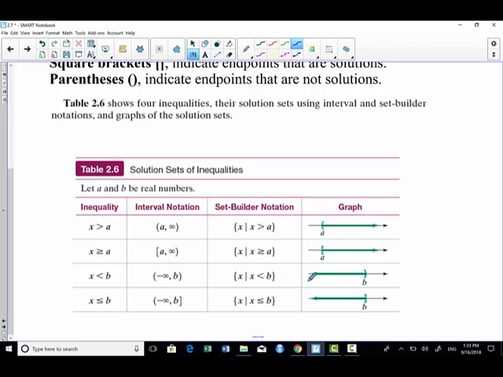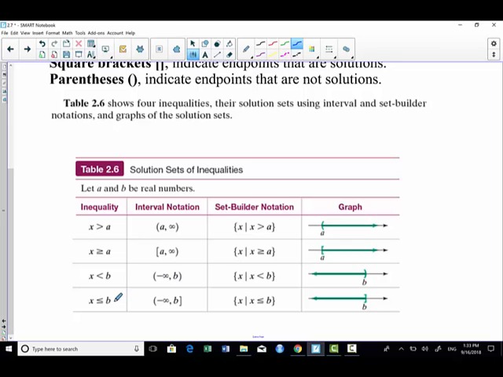And there is no particular left endpoint, but since the graph extends to the left infinitely, we can think of negative infinity as the left endpoint. So the pair of two numbers will be negative infinity, comma, b. We also use parentheses because b is not in the solution set.